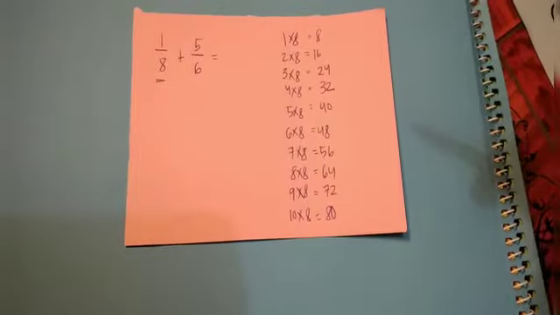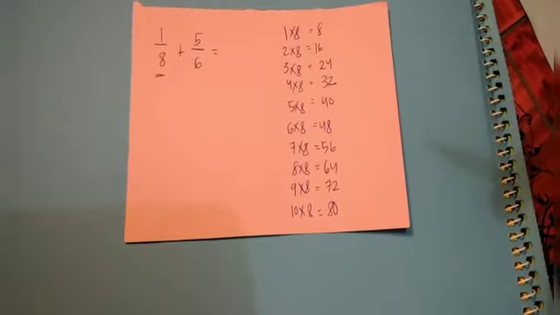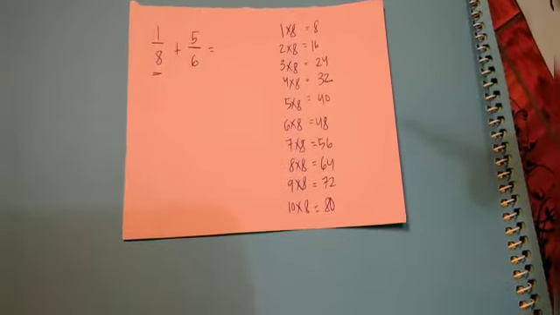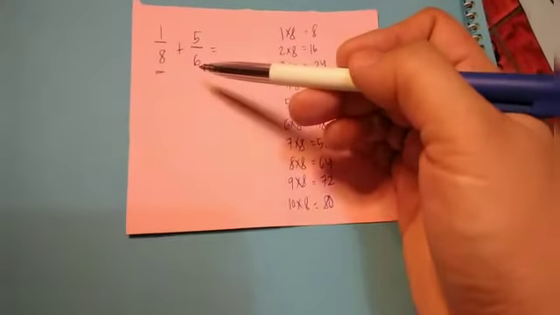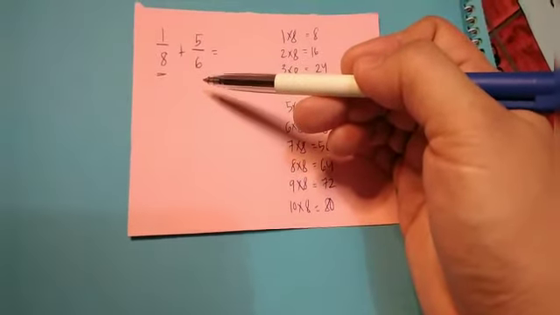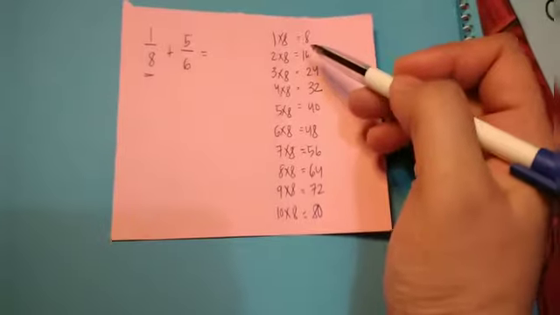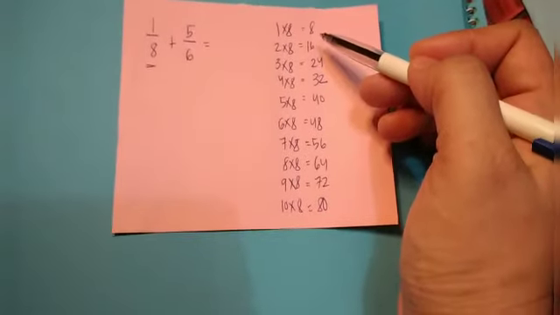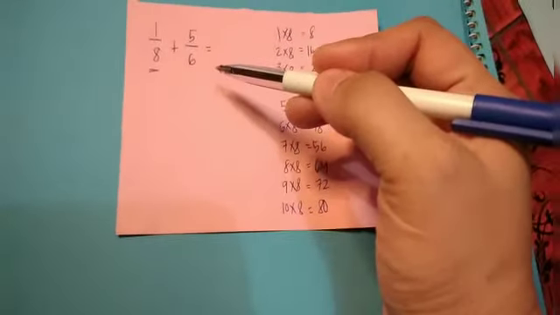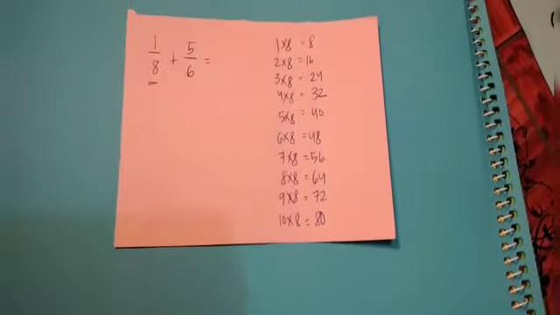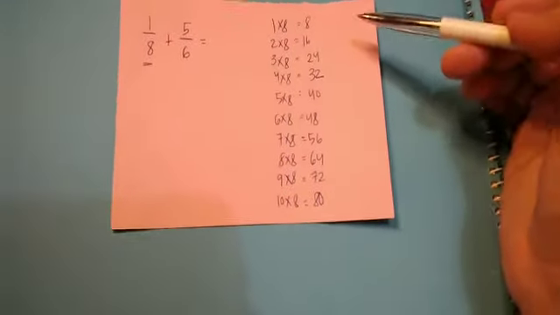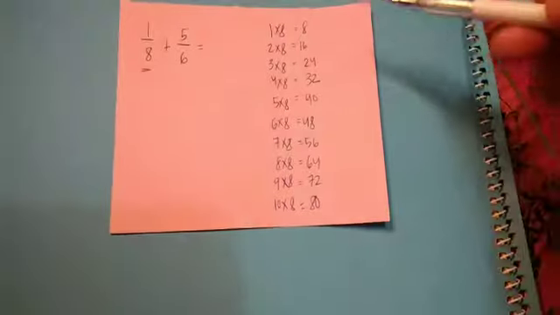Okay, so you will find the least or the lowest number that you can also divide by the lower denominator, which is 6. Okay, so of course, you will ask yourself, can you divide 8 by 6? And the answer will be exact? No. How about 16? Definitely not.